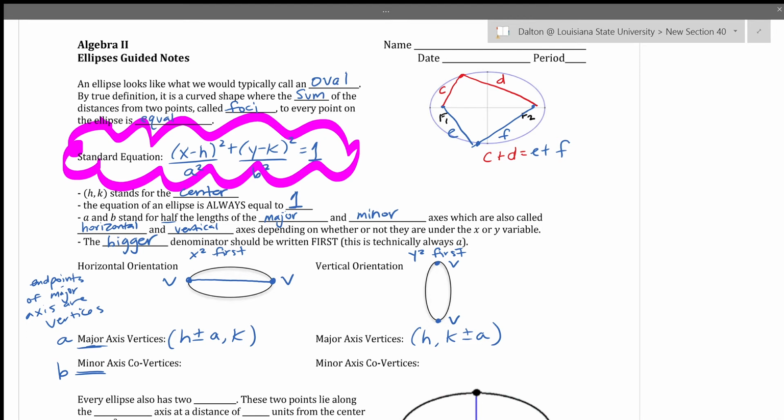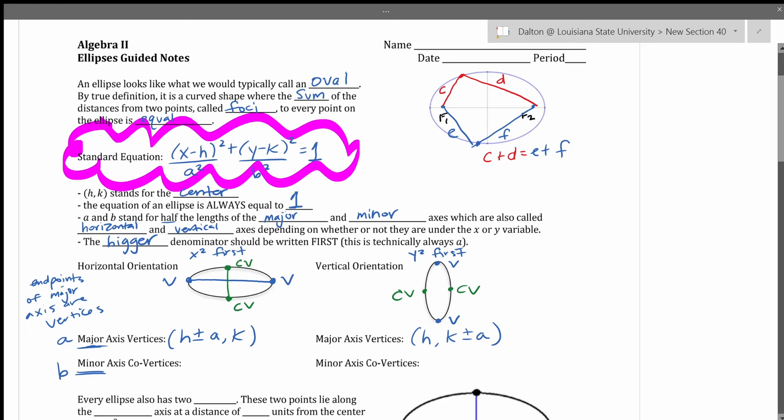On the other hand, we have what are called co-vertices. So I'm going to put CV for those. Those are just the endpoints of the minor axis, and no matter the orientation, it has them. It's just the two that are closer together.